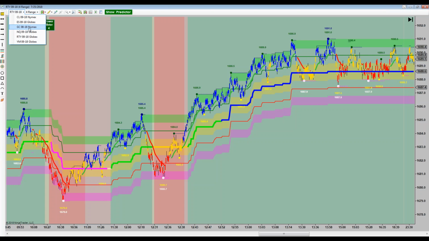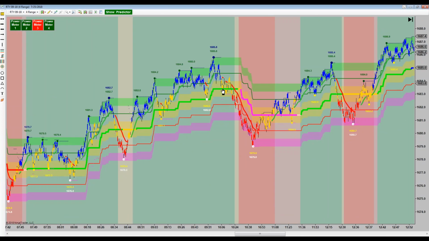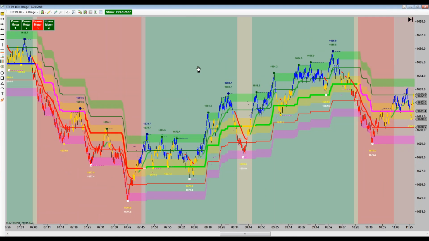Gold, we trade $10 a tick. I occasionally trade NASDAQ, the E-mini NASDAQ futures. And then you're looking at the E-mini Russell, $5 a tick, and we'll look at the E-mini Dow, which is YM. Okay? So the most prominent thing you can see on here is the indicators that we have from Viper.